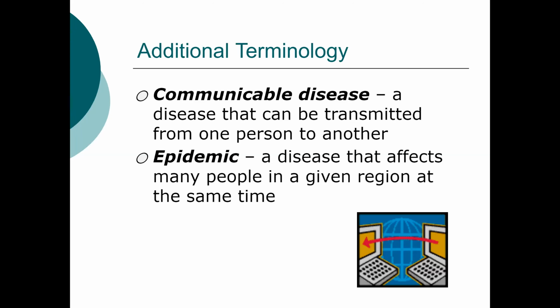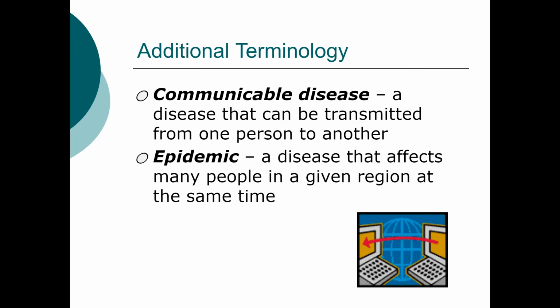Epidemic. Hopefully by this time in 2020, we are very versed in the phrases epidemic and pandemic. An epidemic is a disease that affects many people in one given region at the same time.